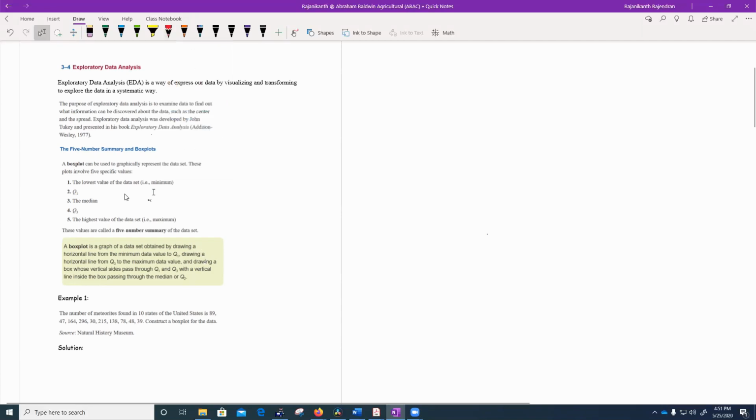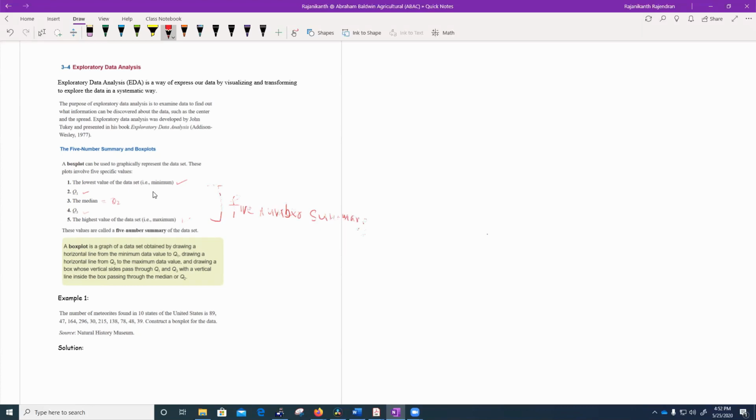First you will rearrange the data set and find the lowest one. Next, Q1, the median which is Q2, and Q3. These three are quartiles of the data set. We have discussed this in the last class. Then find the highest value of the data set. If you consider all five numbers, this is called the five number summary.